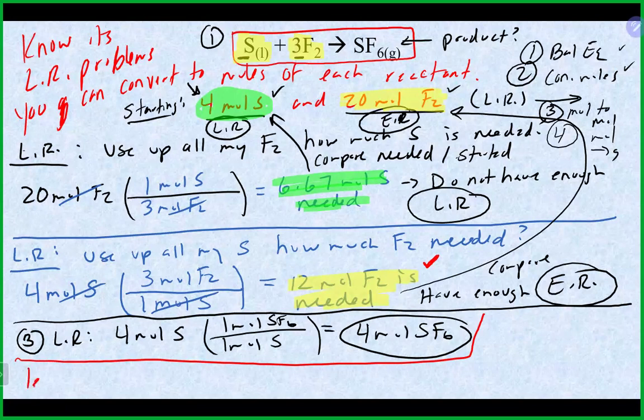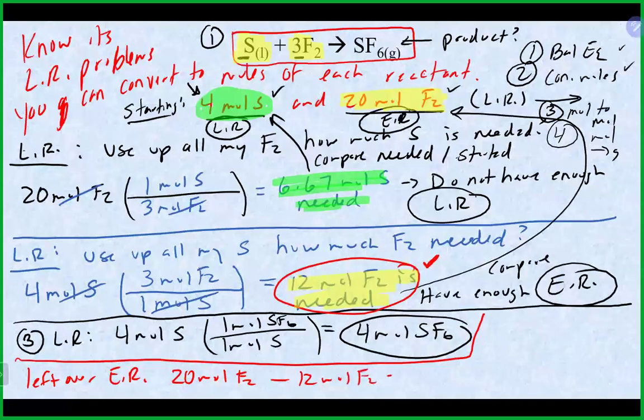So if we wanted to know the leftover excess reagent, you would take the moles that you started with of our excess reagent, which was 20. You would subtract the 12 moles that are needed. And that would tell you you had something like 8 moles of F2 left over, which again, you can use the molar mass of F2 to figure out how many grams that would be as well.